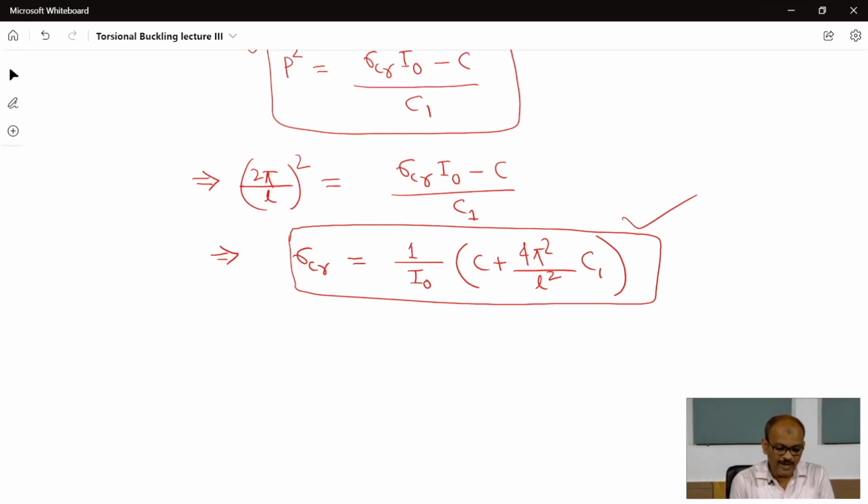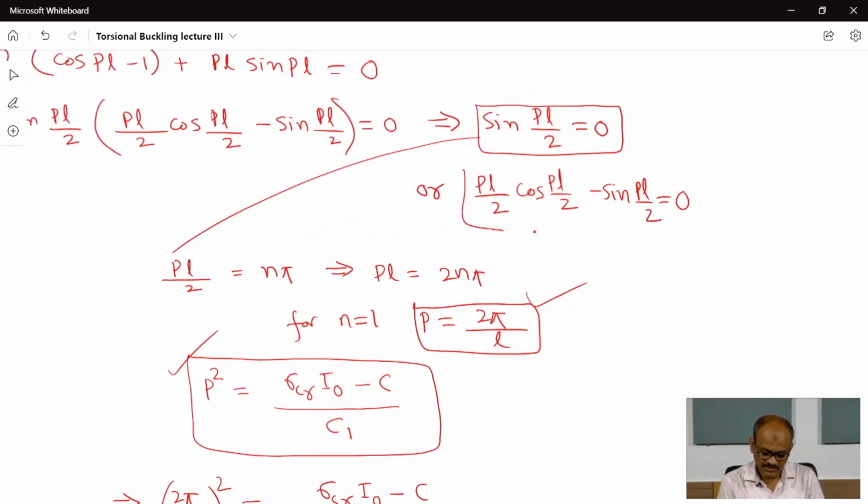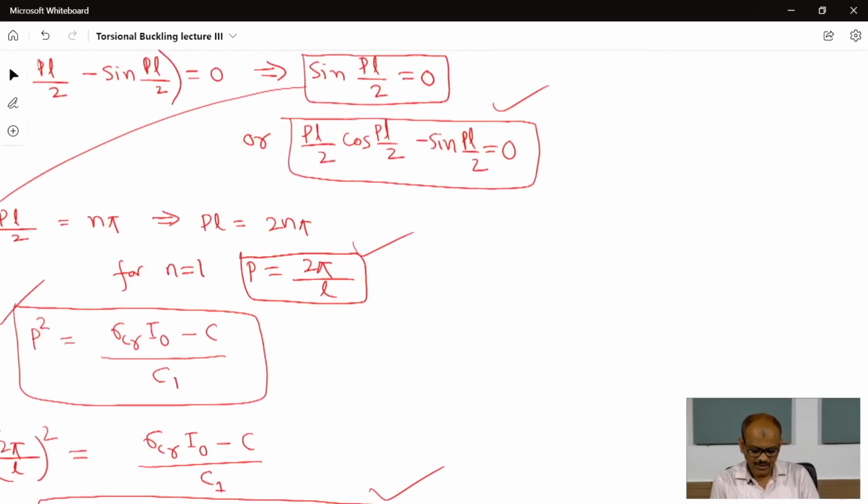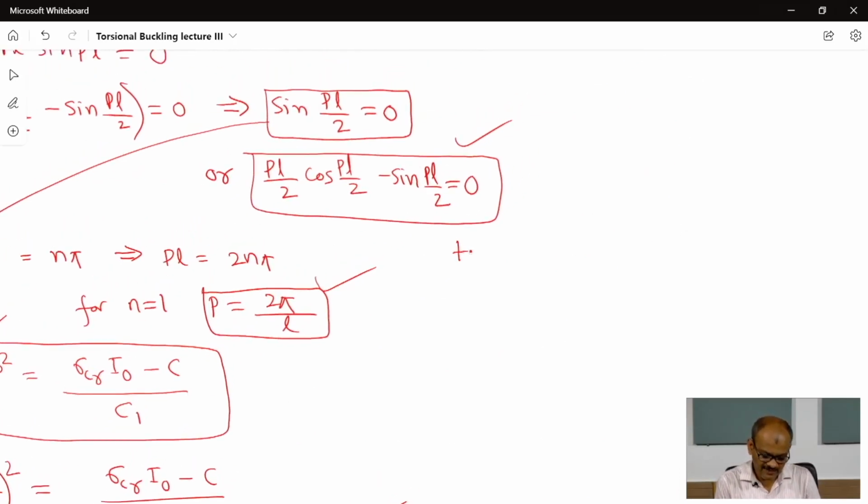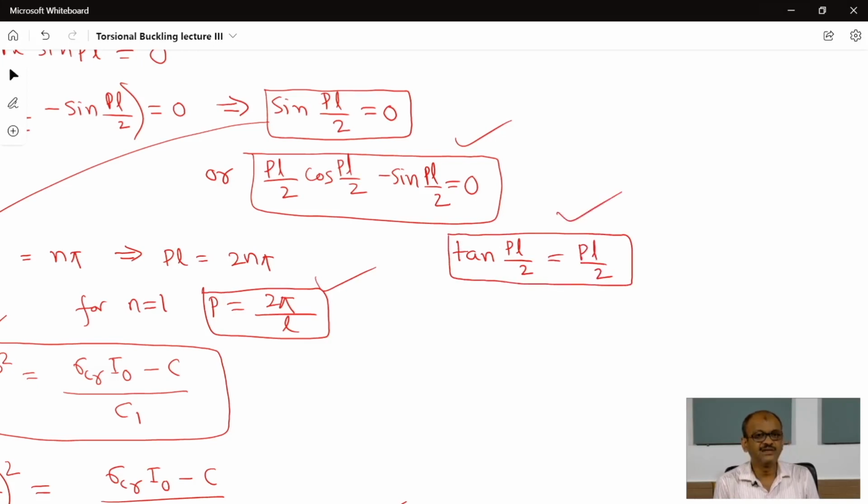Let us go for the other solution. The other solution of the characteristic equation is this. And from this we will get tan pL by 2 is equal to pL by 2. And we will have to solve this transcendental equation, and the solution is pL by 2 is equal to 4.4928.